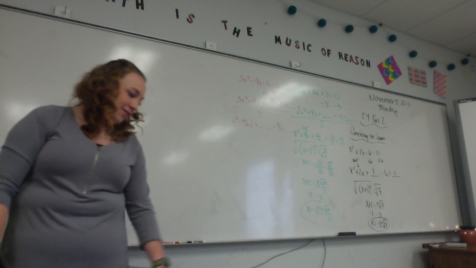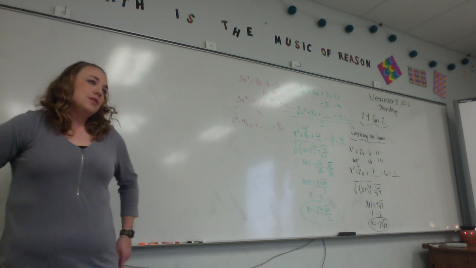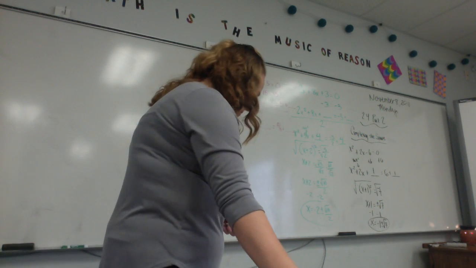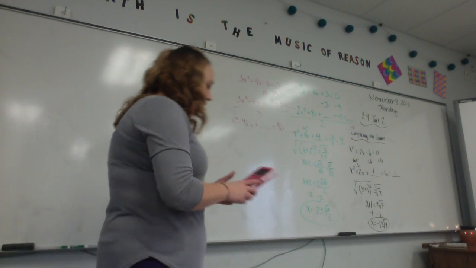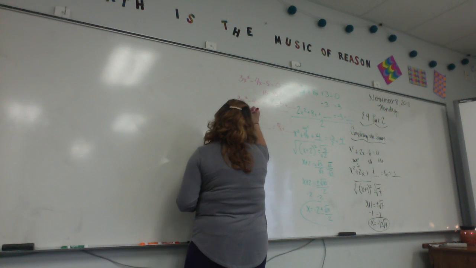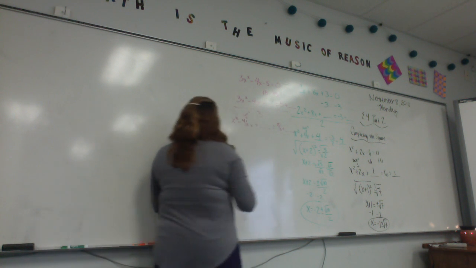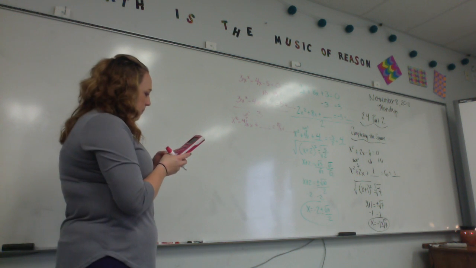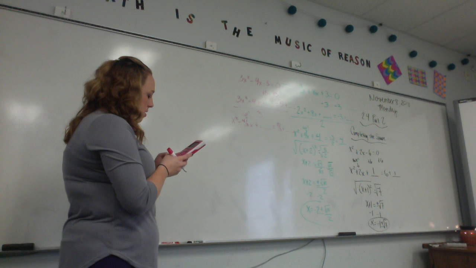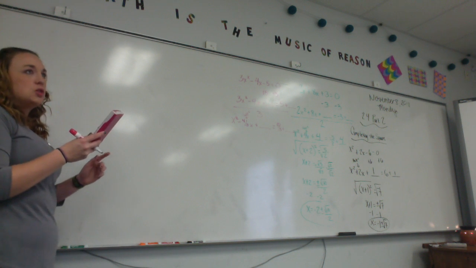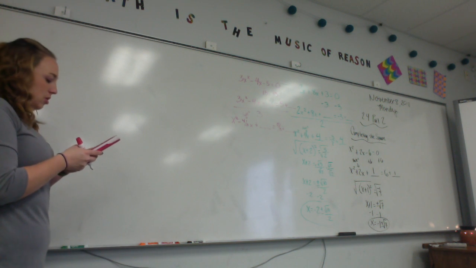You're taking half and you're squaring it. 4/3 is what? 1 and 1/3, right? So if I take 4/3 and I divide it by 2, I get 2/3. What is 2/3 squared?